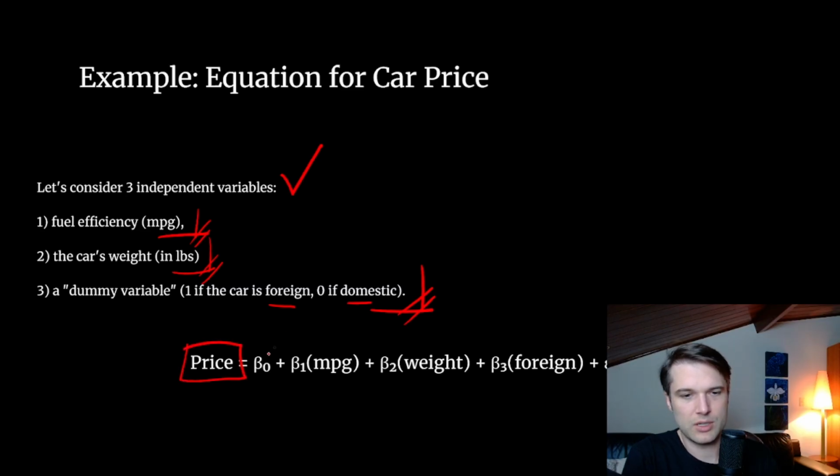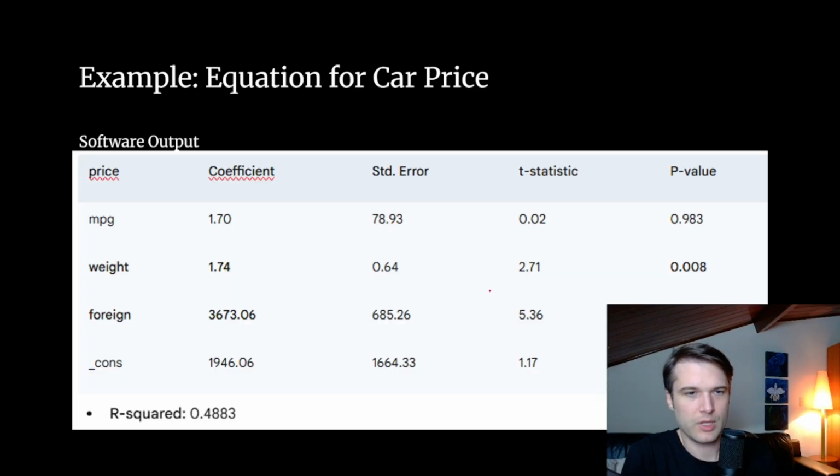So the price of the car has a constant here, and then one coefficient for the miles per gallon, one coefficient for the weight of the car, and one coefficient for this dummy variable, if the car is imported or domestic. And let's suppose that after we run the analysis on our software, we find this table here with these coefficients. So the first thing we look at is the p-value.